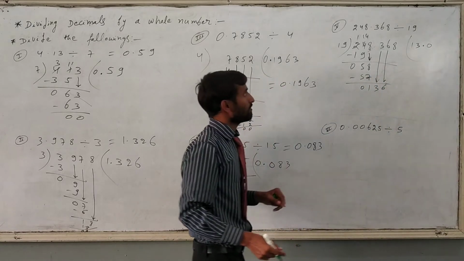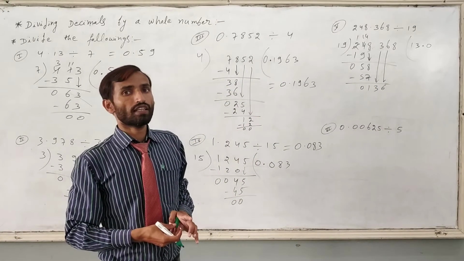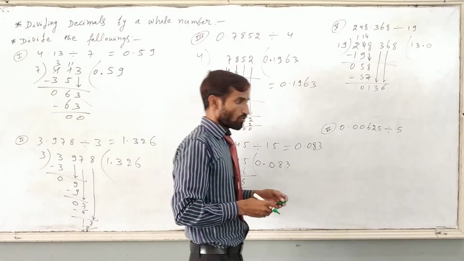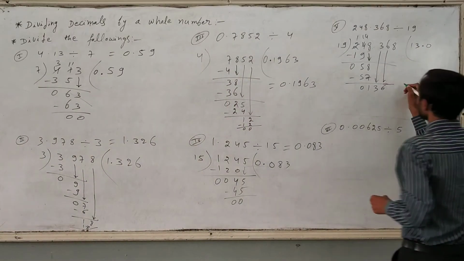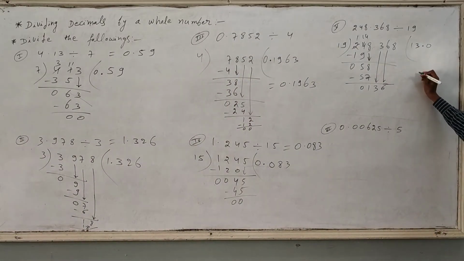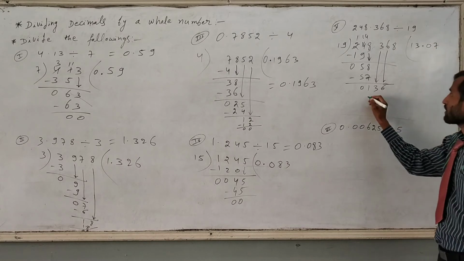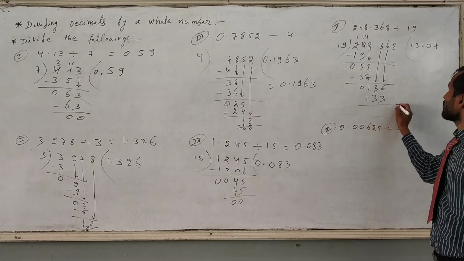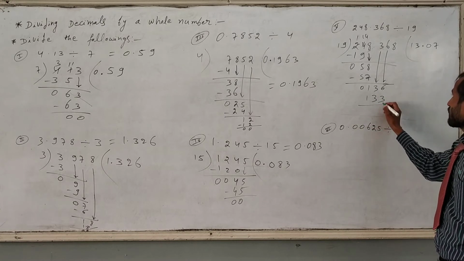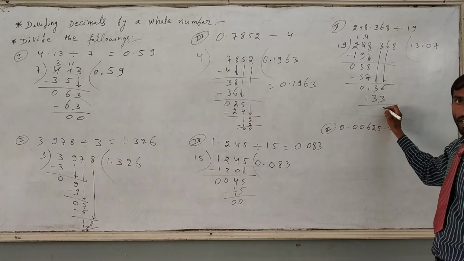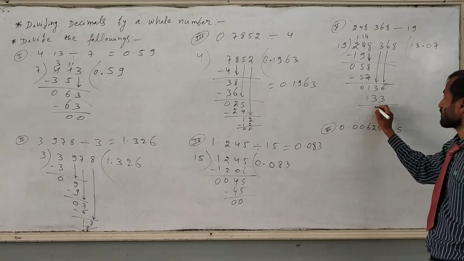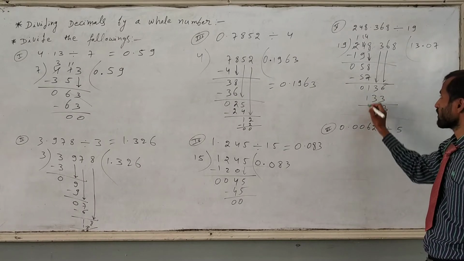Next we have to divide 136 by 19. So from this table we have to divide. 19 times 7 is 133. Then subtract here, 36 minus 3 will come, and then 30 minus 30 is 0, 1 minus 1 is 0.